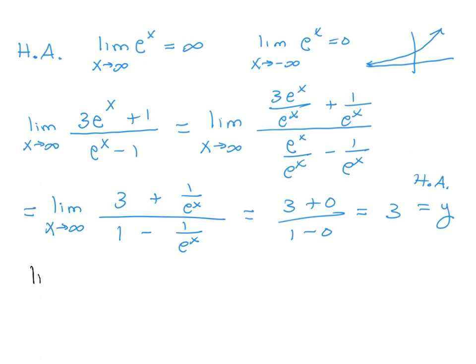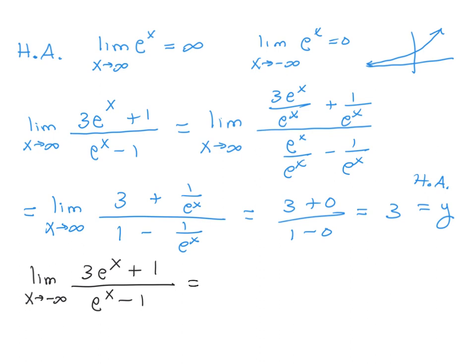So what about the limit as we go to minus infinity of the same function g of x? So that's 3e to the x plus 1, and then we're dividing by e to the x minus 1. Here, this goes to 0 and this goes to 0. We can simply put 0 in place of both of those things and evaluate the limit. The reason this works is because we get a number back.